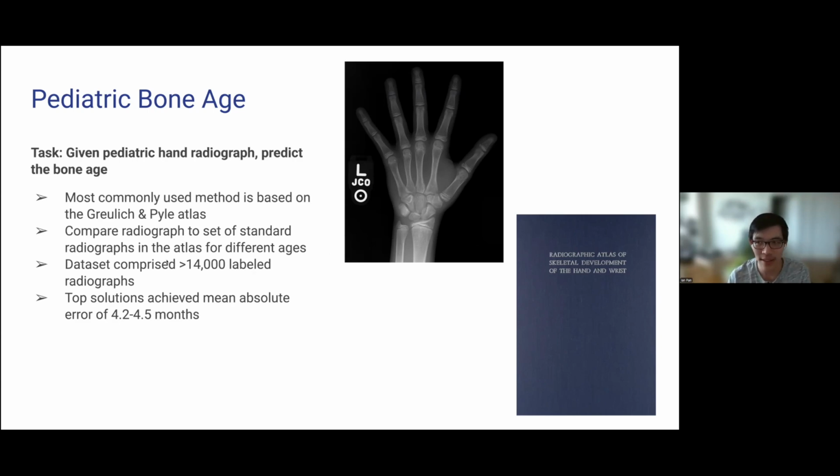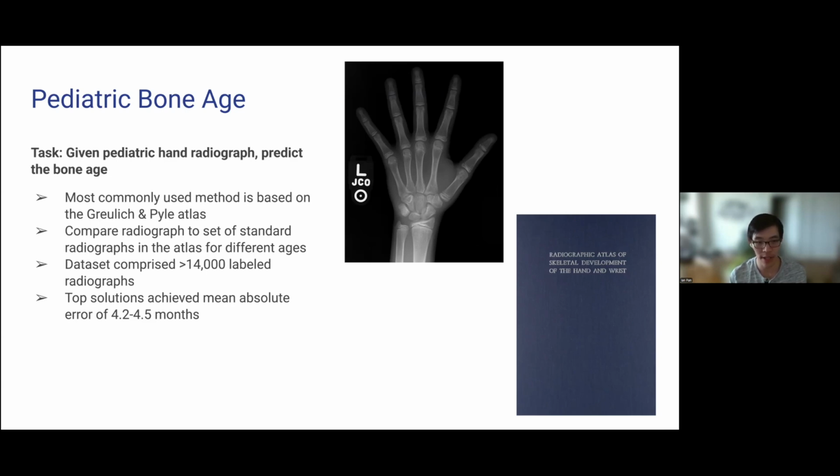This data set had over 14,000 radiographs where they were able to get labels from the radiology report, and then provide this to the participants to train their models. The test set that they used to determine the final ranking was rated by 6 radiologists.